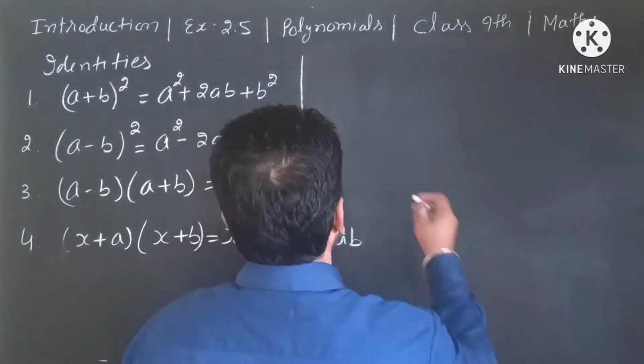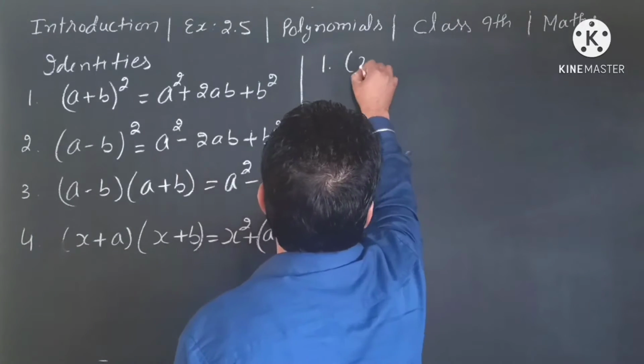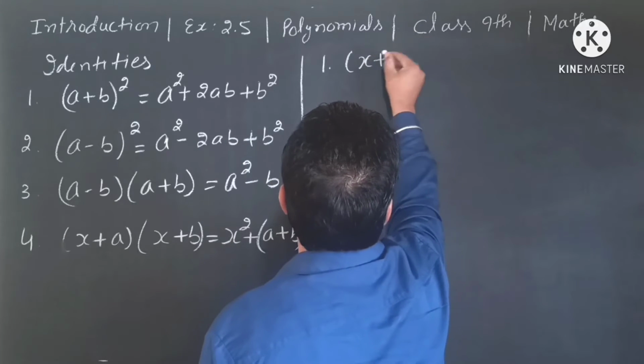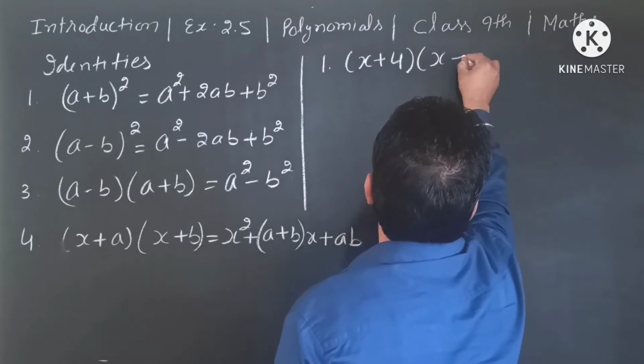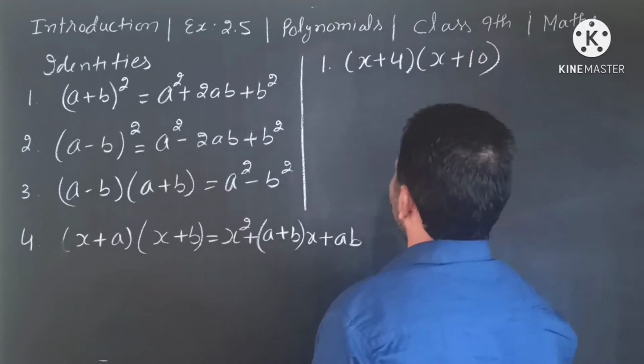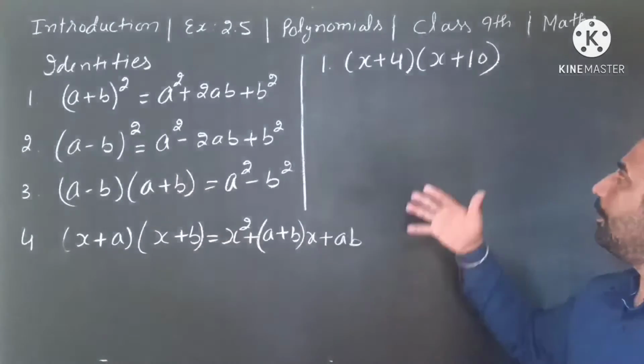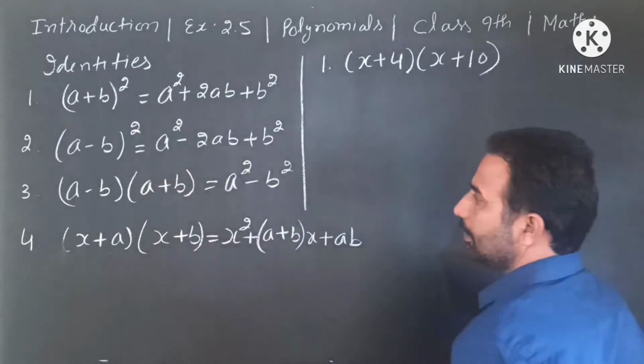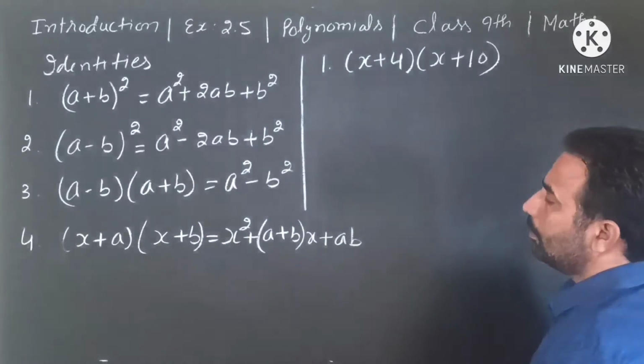Let's take the first example, that is (x + 4) multiplied by (x + 10). If we compare this bracket with our identities, we can check here.